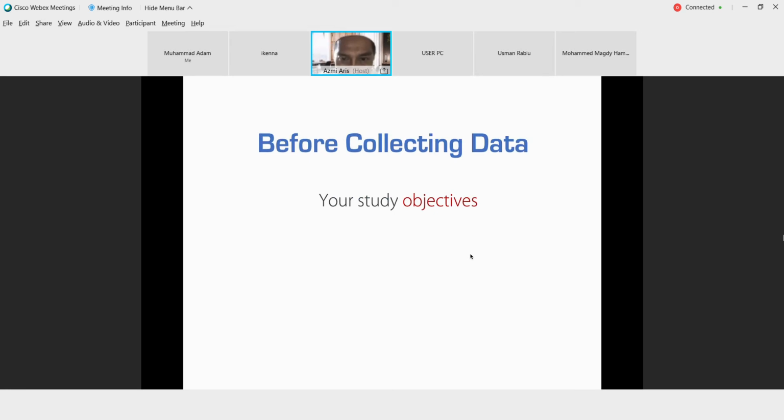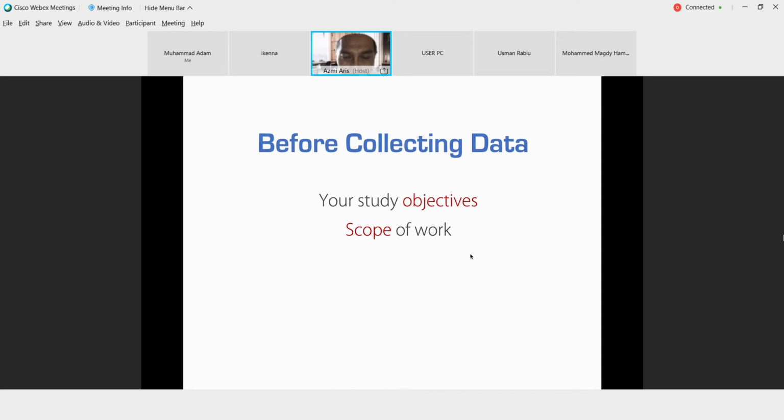But before you reach your study objective, you must make sure that your work is novel. There is a gap of knowledge in the area that you want to study, and therefore your work is novel, and you must state this in your problem statement. And in order to fulfill the missing gap, you are doing this research, and this is my objective. So you must have a firm objective.